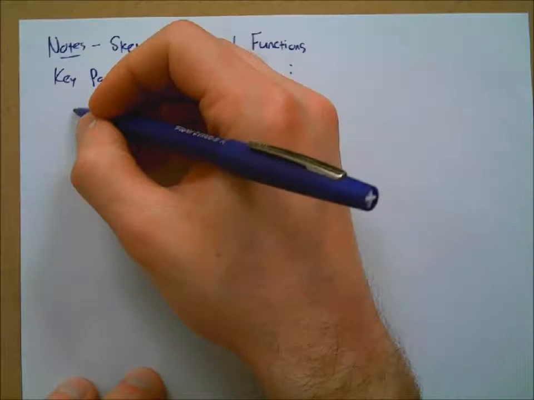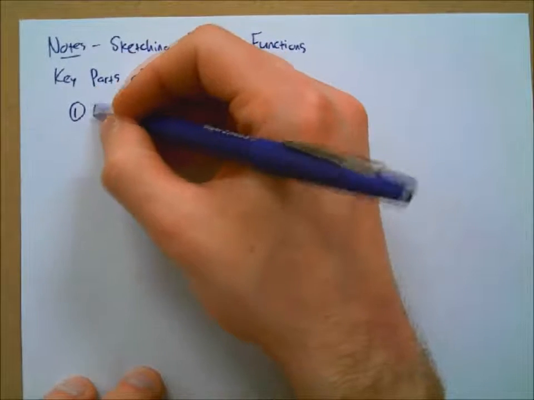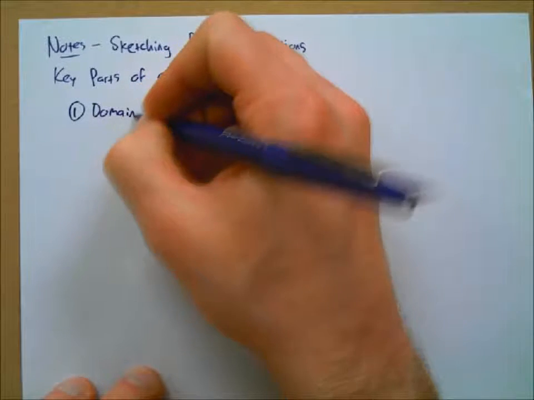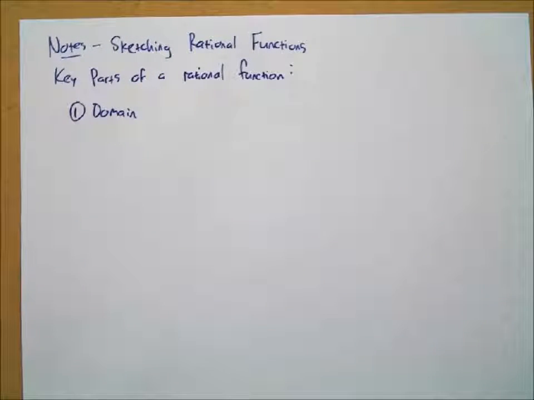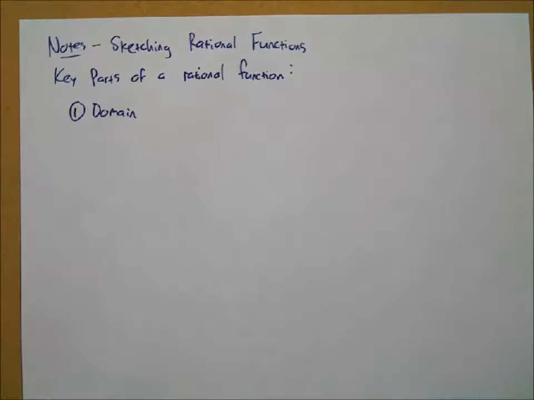But anyway. Okay, so 1, you should be able to identify the domain of your rational function. Now this harkens back to one of the very early lessons that we did in this class, and maybe other classes too. When we want to determine the domain of a function, what do we look for? Yeah, Parker?